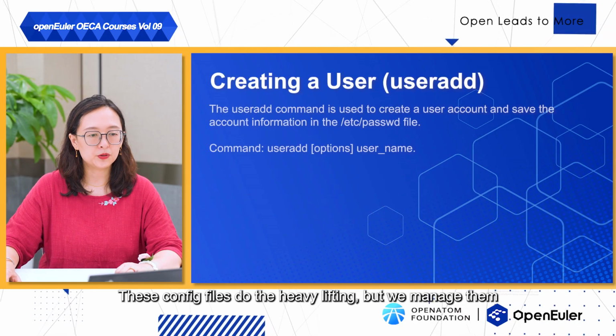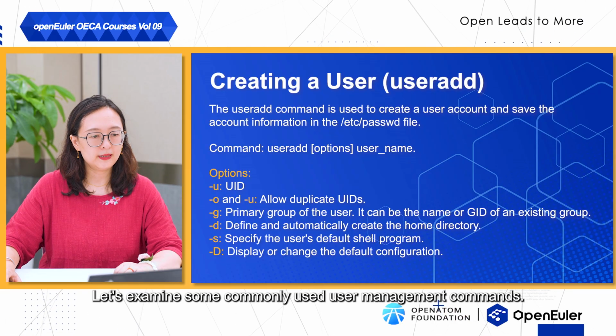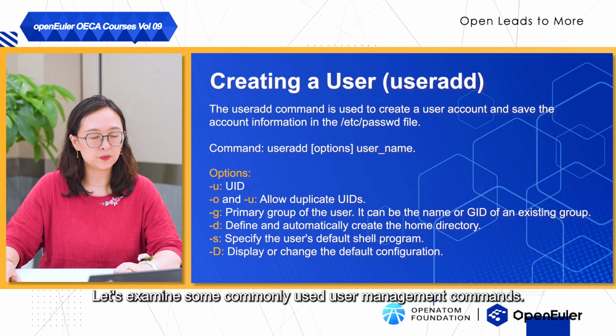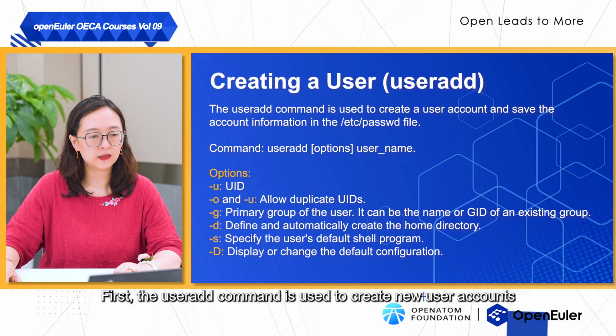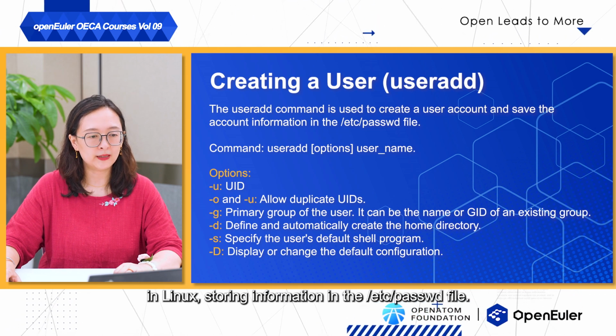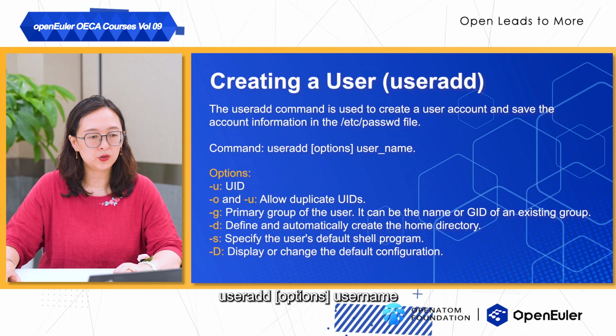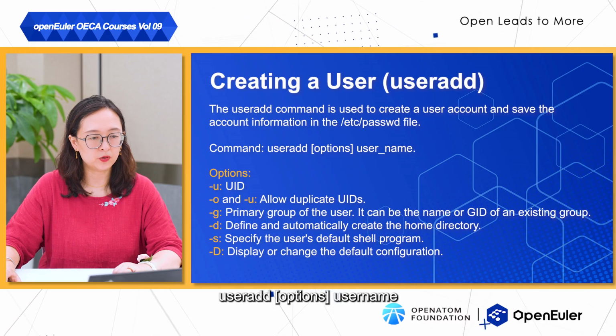These config files do the heavy lifting, but we manage them through simple commands. Let's examine some commonly used user management commands. First, the useradd command is used to create new user accounts in Linux, storing information in the /etc/passwd file. The basic syntax of this command is useradd space options space username.